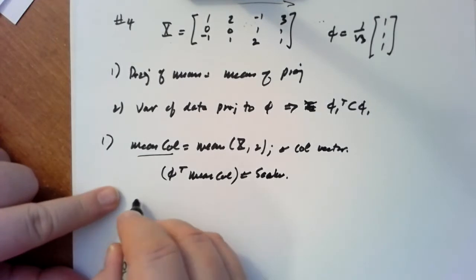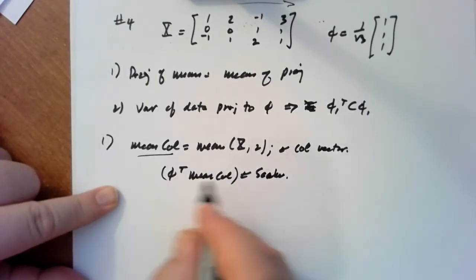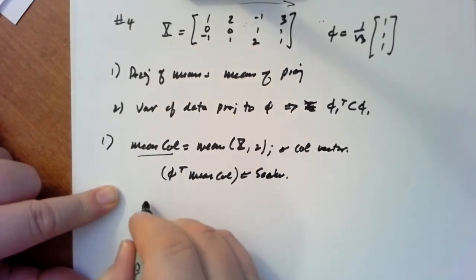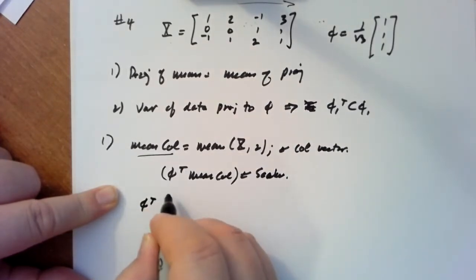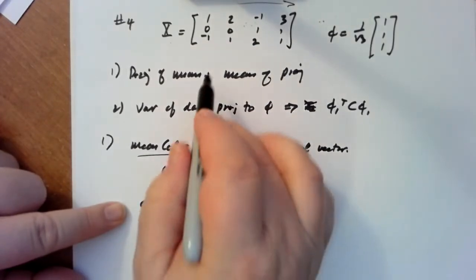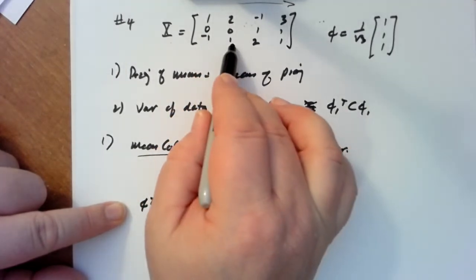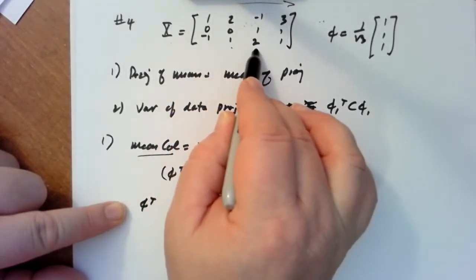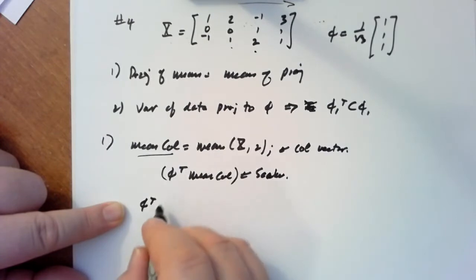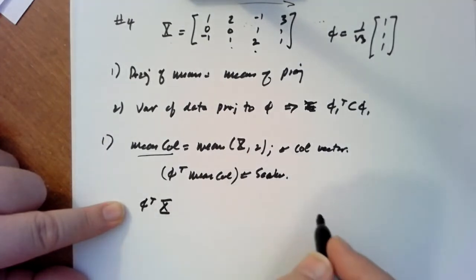On the other hand, we're going to take the projected data and then find the mean. So we're going to take phi transpose. Now I could take phi transpose times x1, phi transpose times x2, phi transpose times x3, and so on. Or I can just take phi transpose times x, right?